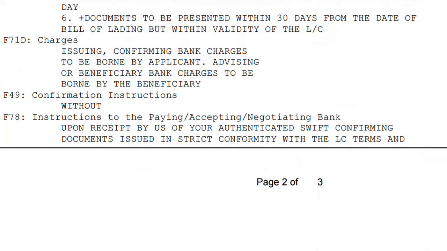Charges: issuing and confirming bank charges are to be borne by the applicant, and advising bank charges are to be borne by the beneficiary. The advising bank charge will be paid by the beneficiary, but the confirming bank charge is paid by the applicant. This is mentioned in the LC, who will pay the charges.